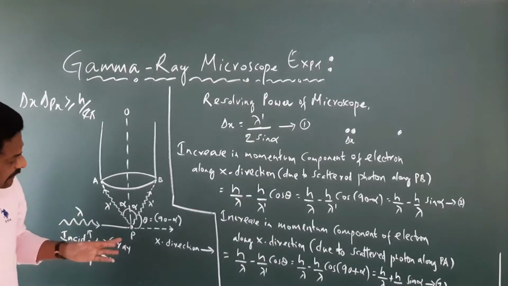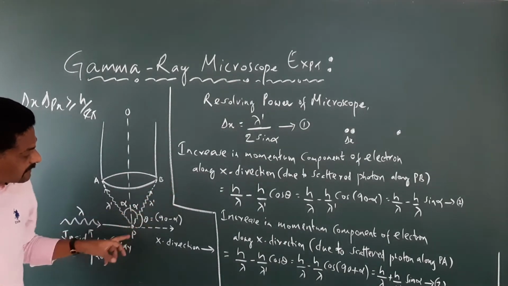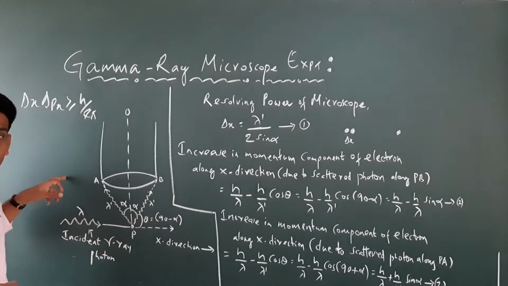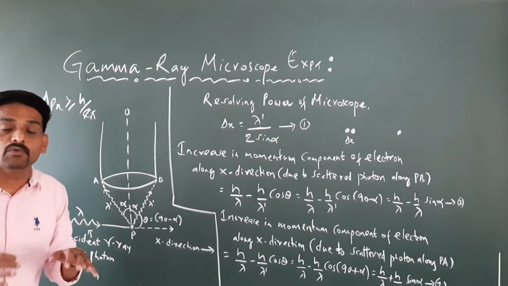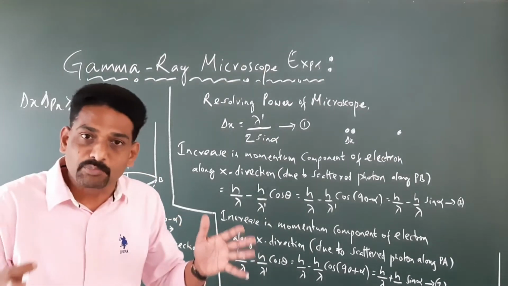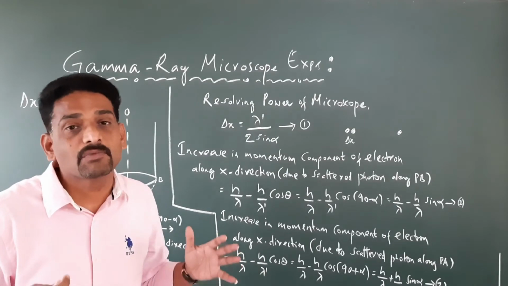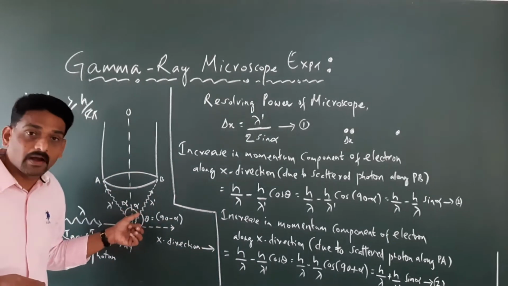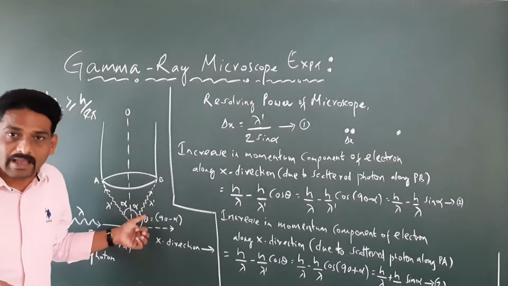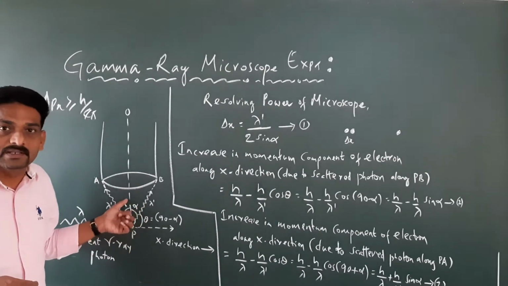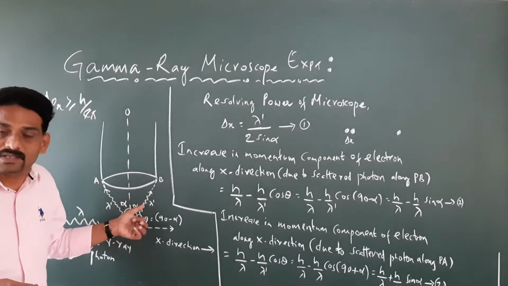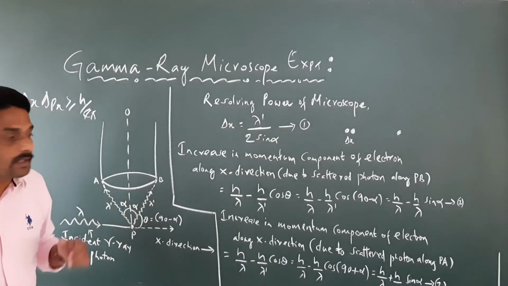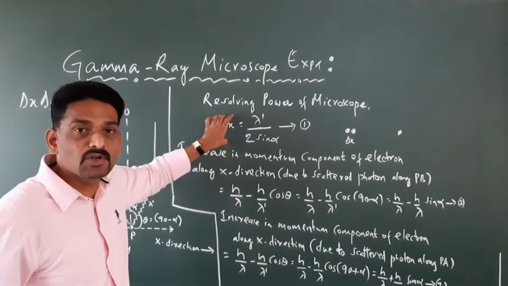Any ray which enters at an angle other than this will not be able to enter into the lens system, therefore we will not be able to see either the position or the momentum of the electron. Therefore, this angle alpha becomes a very crucial angle, known as the critical angle alpha. Now we already know what is delta x.